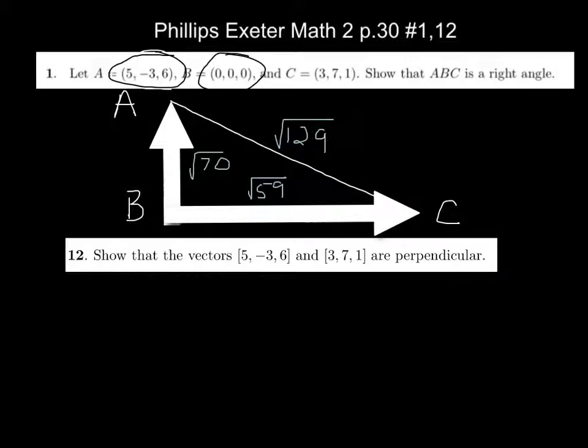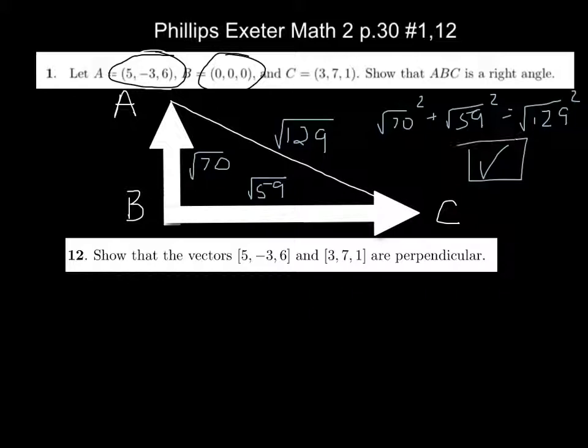And that checks in the Pythagorean theorem, because root 70 squared plus root 59 squared does equal root 129 squared, because the square roots cancel out. Correct. So that was right. It checked. We're good.